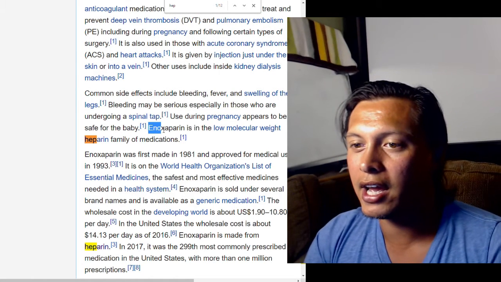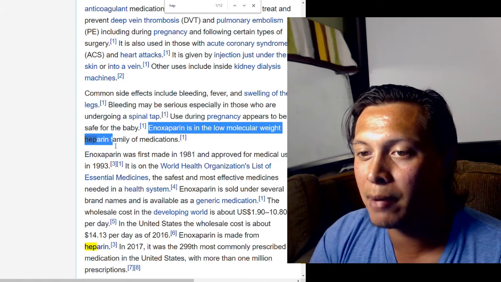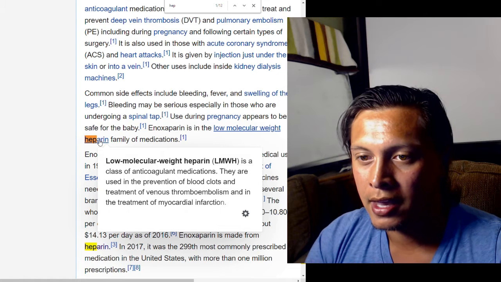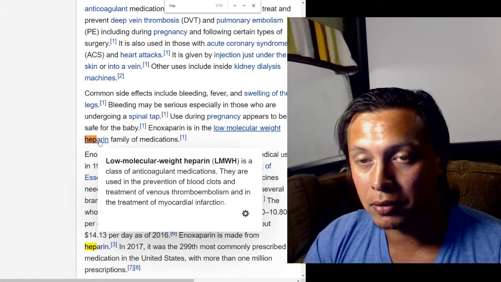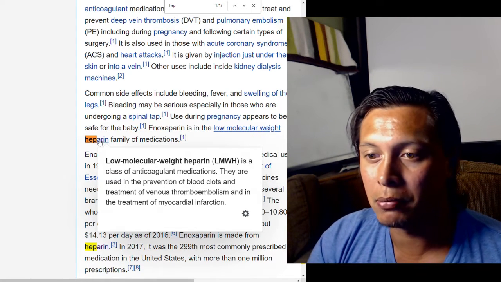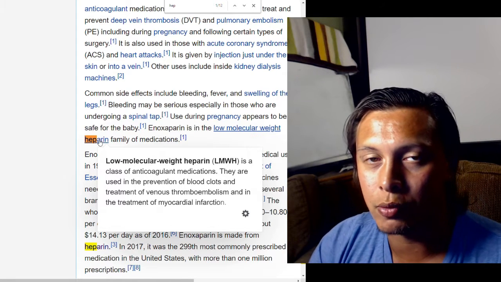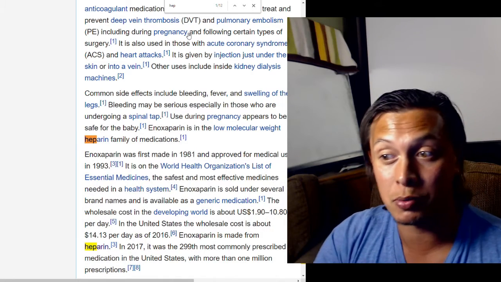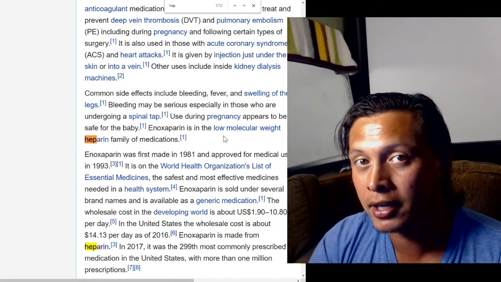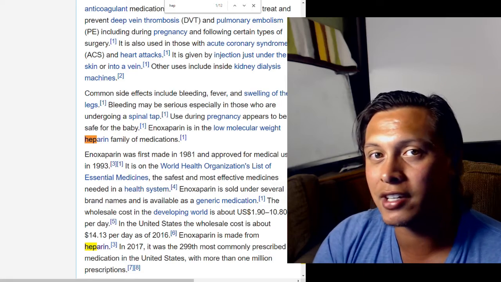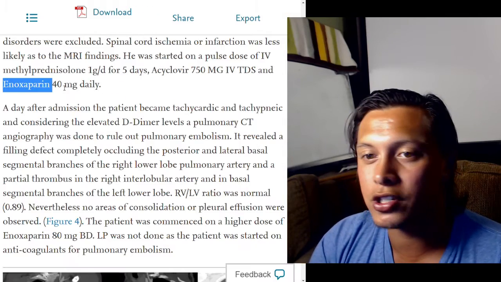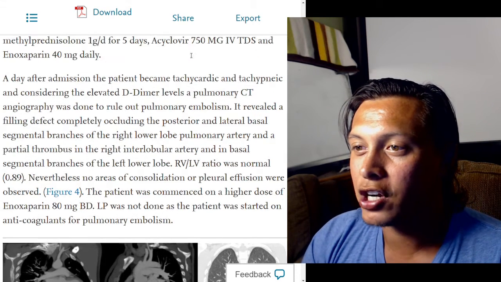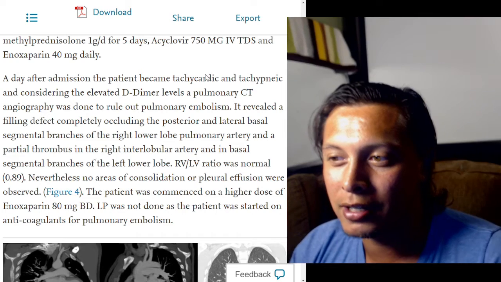Yeah, enoxaparin is in the low molecular weight heparin family of medications. Heparin is a highly sulfated polymer, and apparently it's associated with the signaling for blood clots. And apparently there are multiple medications that mimic heparin, either probably as antagonists or agonists, I'm guessing. So good to know. So a day after admission the patient became tachycardic and tachypneic.